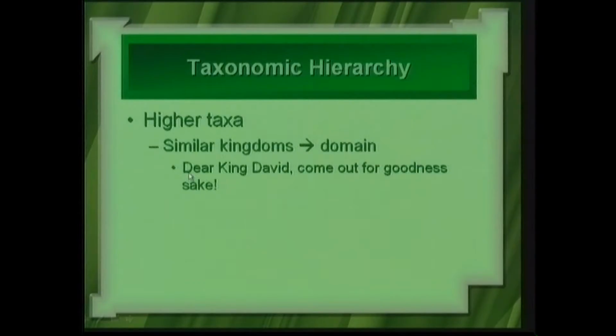So domain, D; kingdom, K; division, D; class, C; order, O; family, F; genus, G; and S for species. I give you that mnemonic because you'll probably have to know this for the exam. So, Dear King David, come out for goodness sake. That's a good mnemonic.